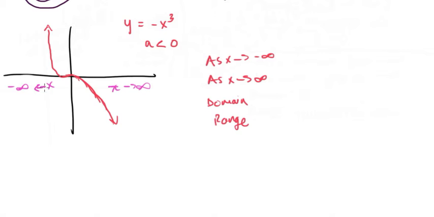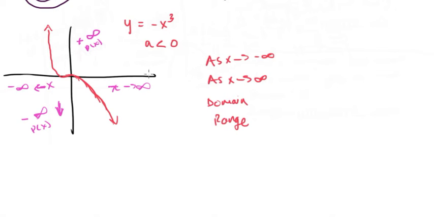Now, this would be our p of x approaching positive infinity. And then down here, negative infinity is what p of x would approach in this direction.